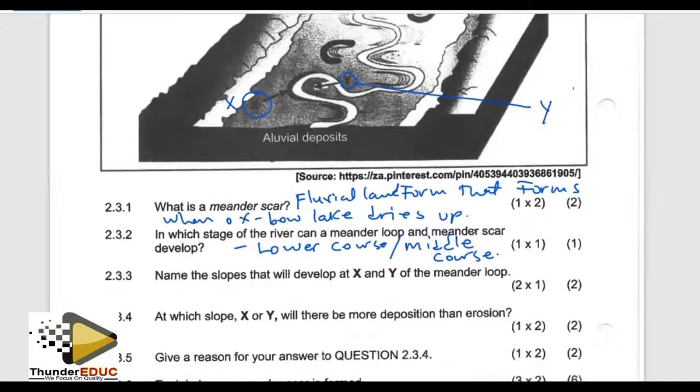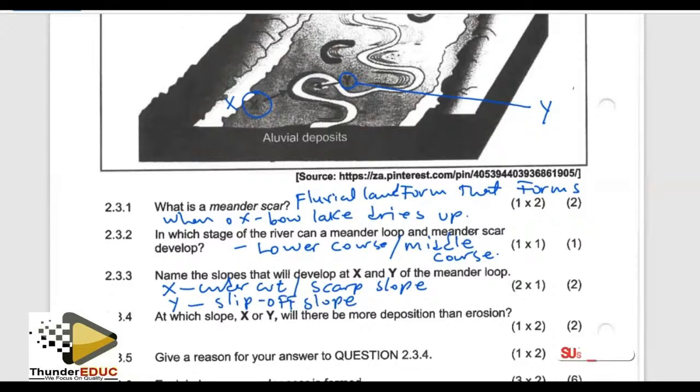That's where the water flows so fast. So I could say X, the undercut, sometimes we call it the scarp slope. Then Y, where the river deposits materials, that would be the slip-off slope.